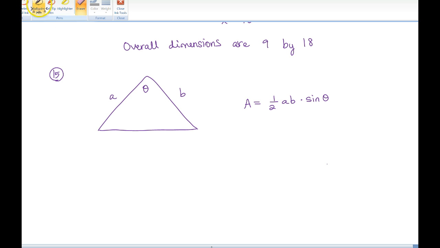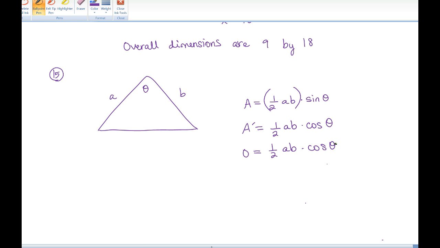Okay, so when we go to solve this, we have to do the derivative, and we consider A and B. A and B are going to be held constant, so we kind of treat this as just a coefficient here. So it's going to be 1/2 AB times the cosine of theta. And then we want to look at where this is equal to 0.